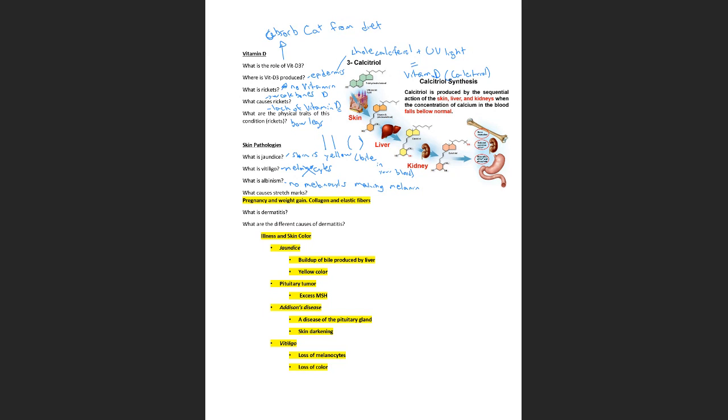The intensity of this stretch is too much for the skin to handle, so these collagen and elastic fibers start to break down and are not as strong as they once were, which causes stretch marks. Next question: what is dermatitis? Whenever you see "itis," that usually means inflammation. Inflammation due to infection.